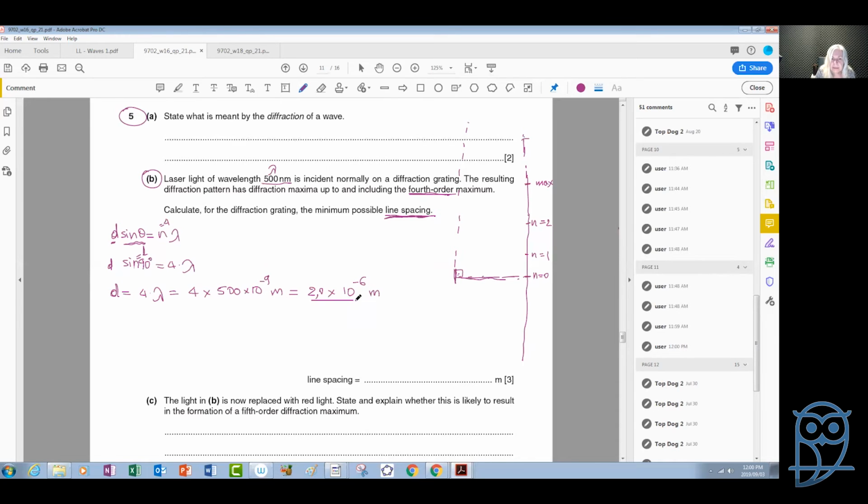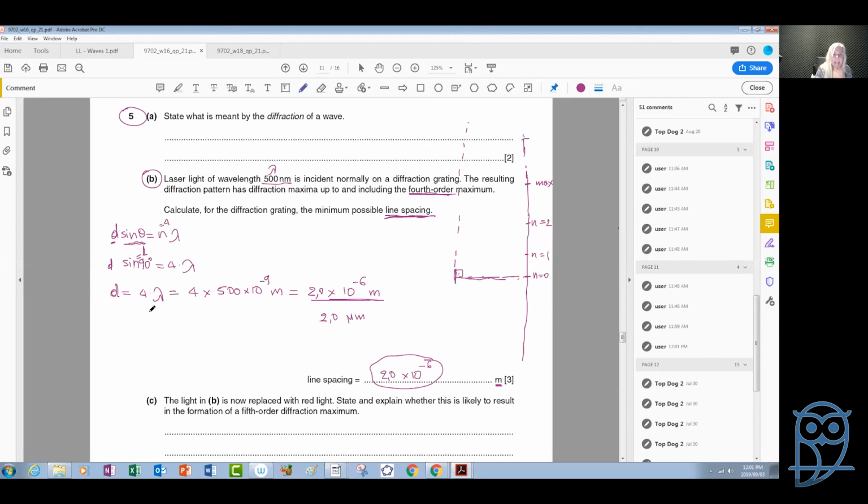So this will be the line spacing of this diffraction grating, the distance between two slits on the grating: 2 times 10 to the power of minus 6 meters, because they show meters. Otherwise, we could write our answer in micrometers, but because they have meters here, we'll leave the 10 to the power of minus 6. So this is our answer.